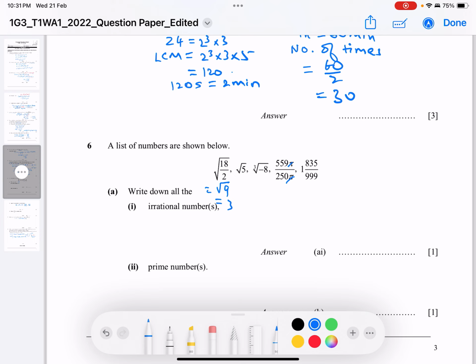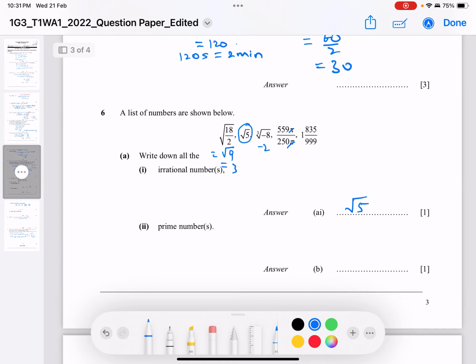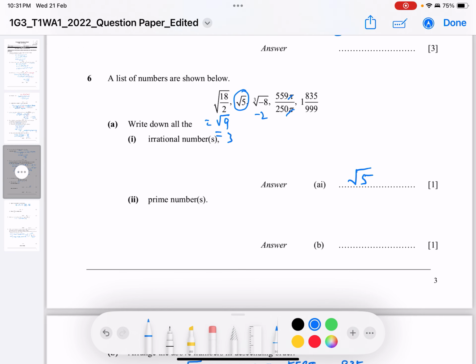Therefore, the only irrational number is the root of a prime number, which is root 5. Because cube root of negative 8 is negative 2. And for prime numbers, the first number gives us an answer of 3. The rest are not prime numbers.